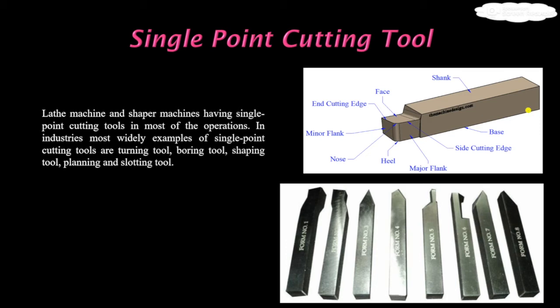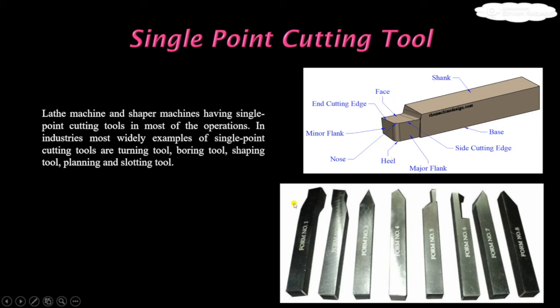But for operations which are not turning and facing, say the grooving operation or parting operation, the tool geometry is not the same. So depending on the operation, we decide the tool geometry.